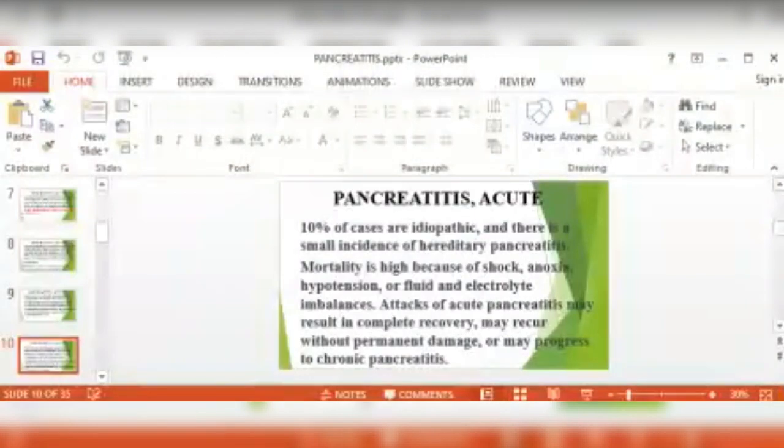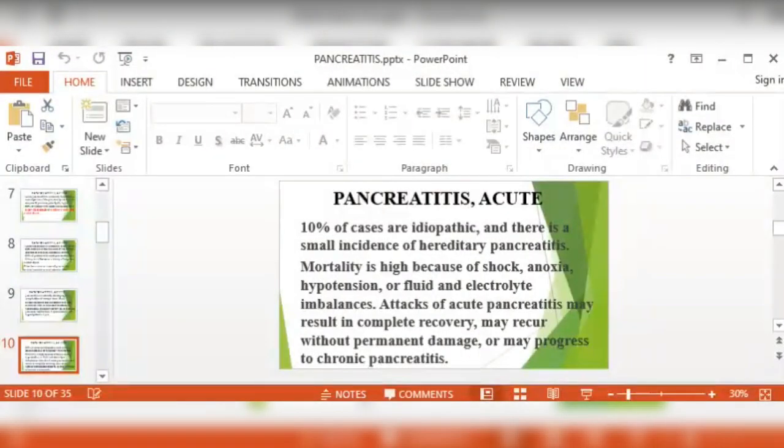However, these risk factors actually contribute to 90% of the causes of pancreatitis. But 10% of pancreatitis cases are idiopathic. When we say a condition is idiopathic, it means it doesn't have a known cause. And there is a small incidence of hereditary pancreatitis.